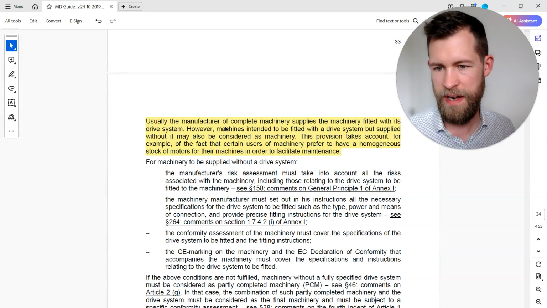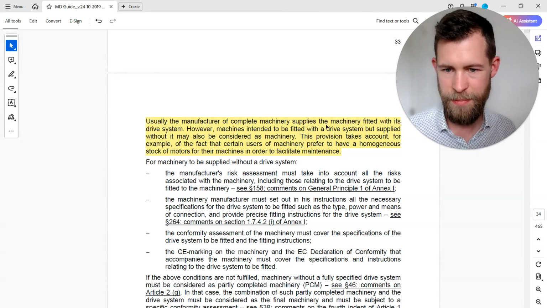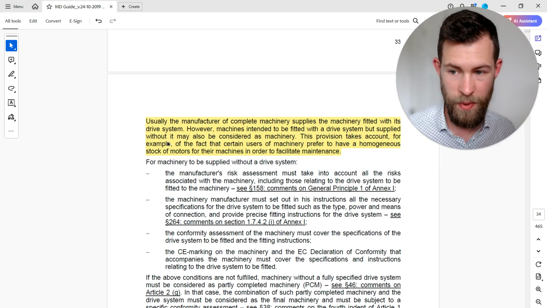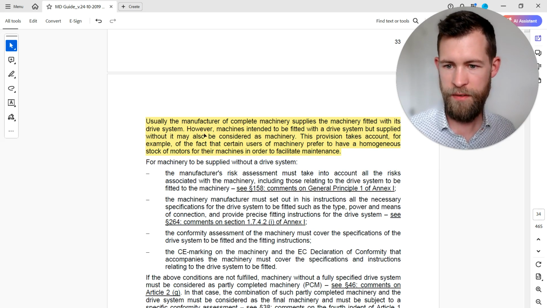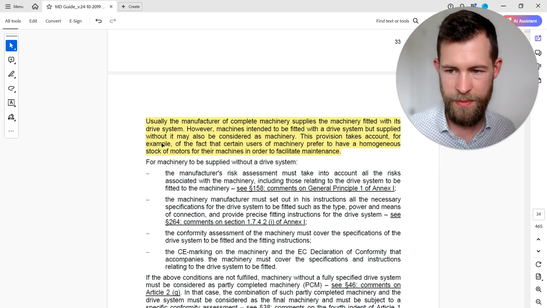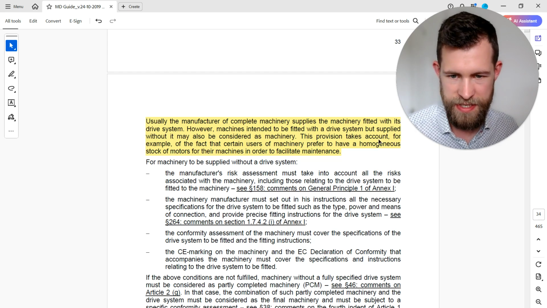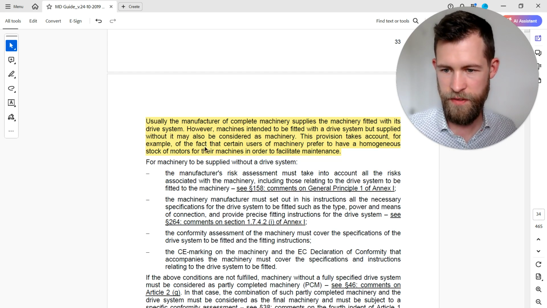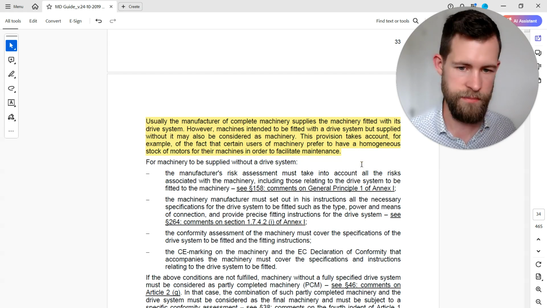So usually the manufacturer of complete machinery supplies the machinery fitted with its drive system. However, machines intended to be fitted with a drive system but supplied without it may also be considered as machinery. So this provision takes account, for example, of the fact that certain users of machinery prefer to have a homogeneous stock of motors for their machines in order to facilitate maintenance. So makes total sense.